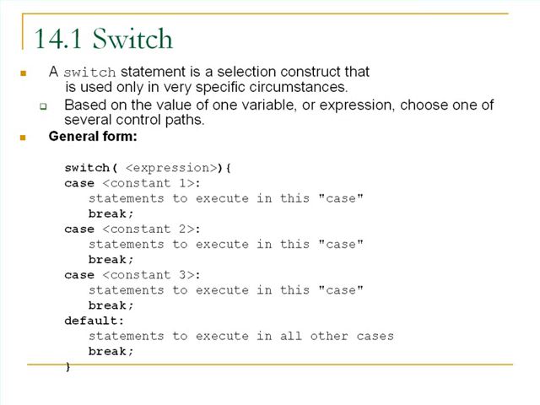So a switch statement is a selection construct. There's no looping or repetition involved with a switch. It's a very specific kind of construct. We'll look at the general form first. We switch on an expression or a variable, and whatever that evaluates to, we will then jump someplace.